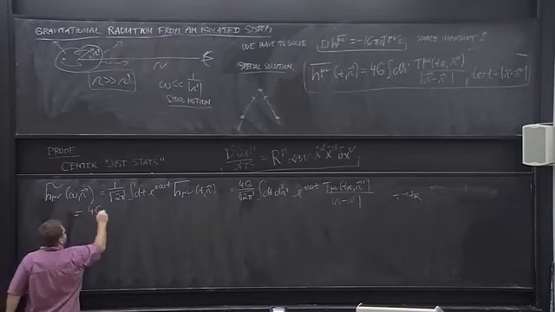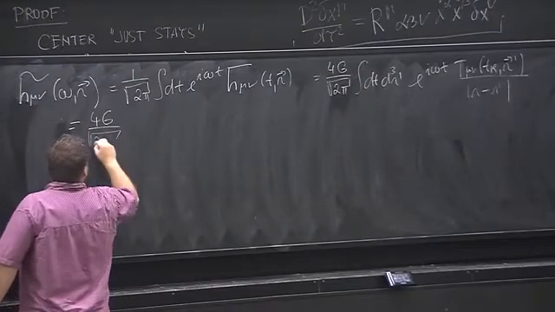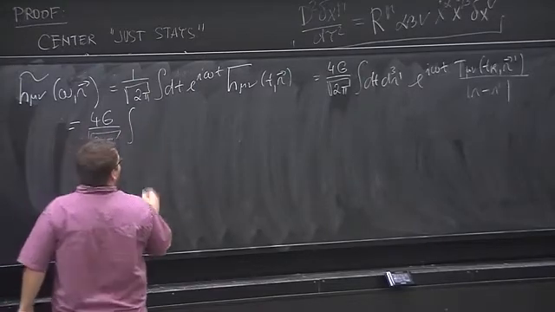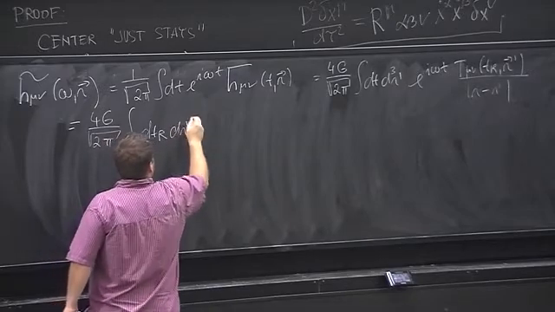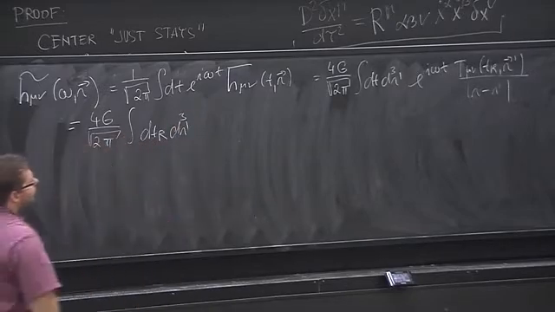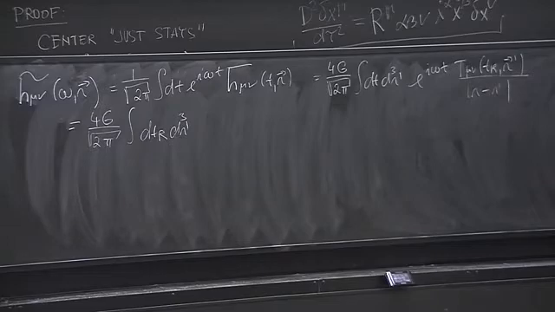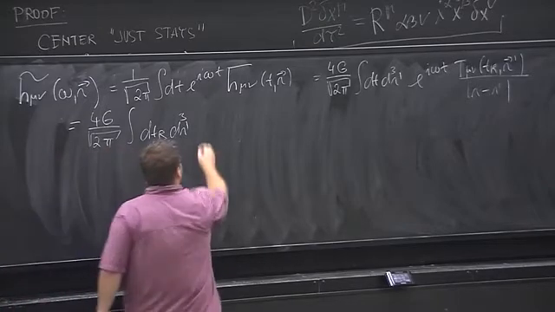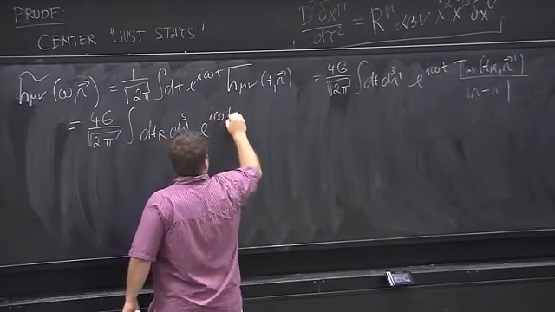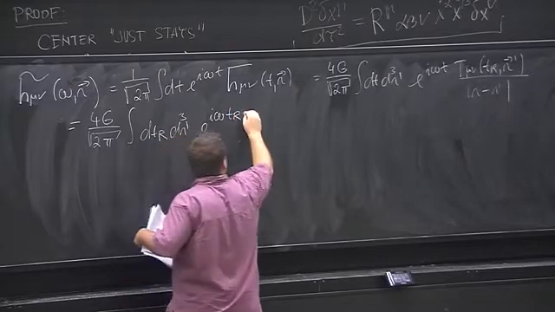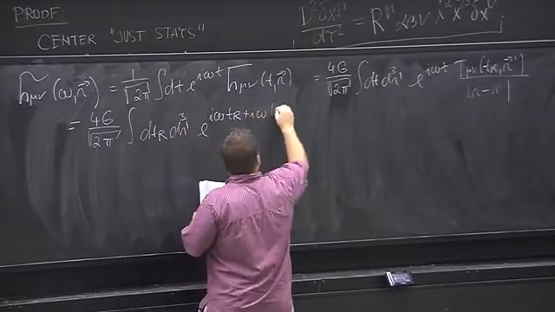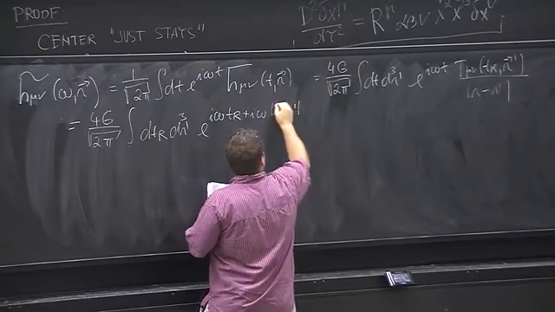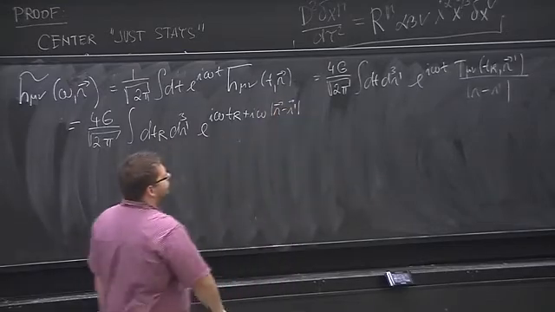Well, very fancy mathematics, 4g over 2 pi. So now we have d tr and d3r prime. Now the exponential becomes e to the I omega tr, but also plus I omega times r minus r prime, just changing the variables from t to tr.